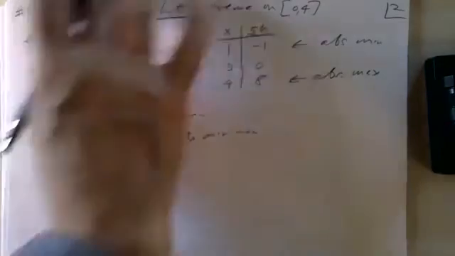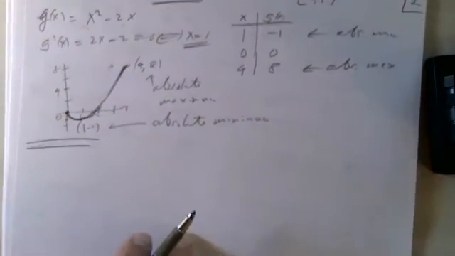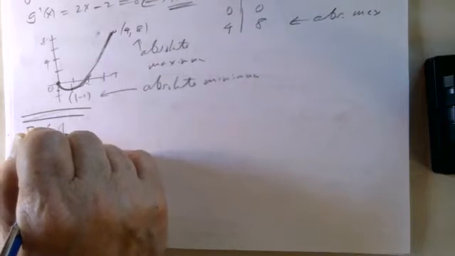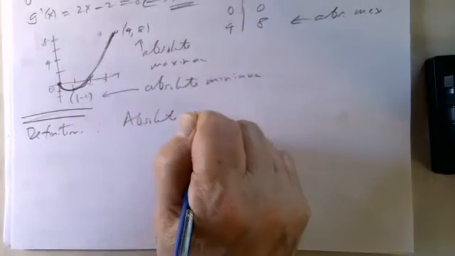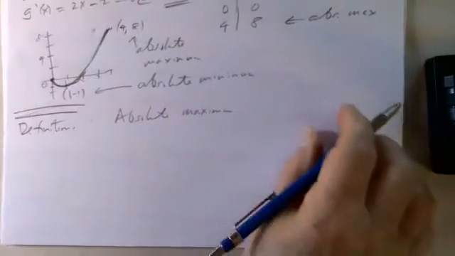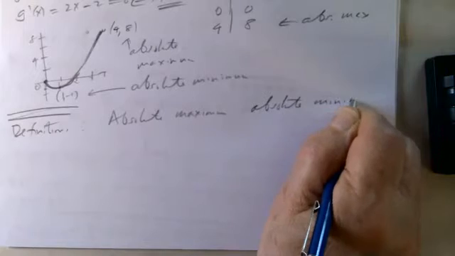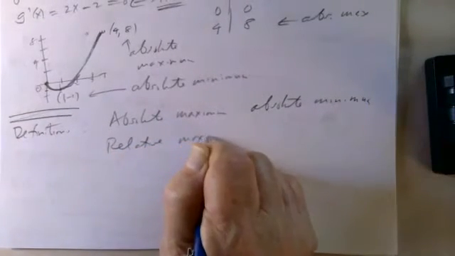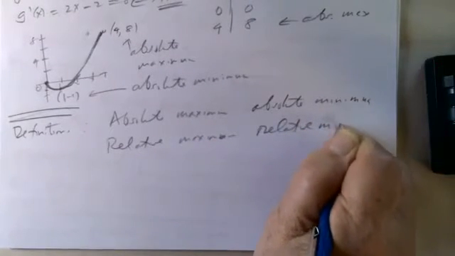All right, any questions about these? Okay, so again, what you have to know from this section is the definitions. Absolute maximum, absolute minimum, relative maximum, and relative minimum.